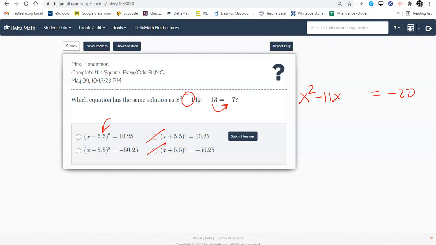And then when I did half of 11, half of that squared, when I did 5.5 squared, that's what I'm adding to both sides. So I'm going to add 30.25 over here. But negative 20 and 30.25 is going to be a positive 10.5. So that makes this one the winner. That makes sense.